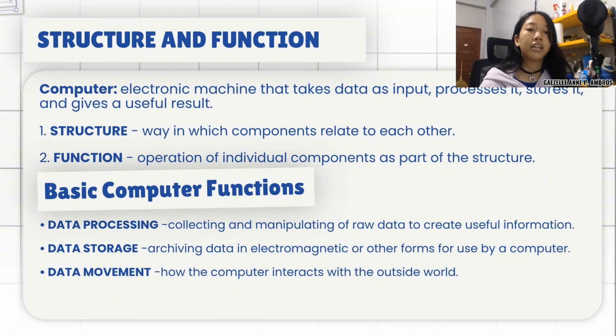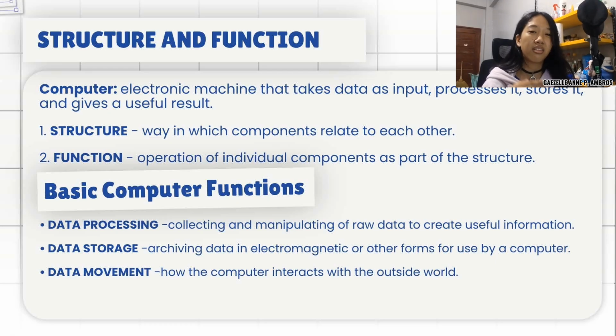And within this hierarchic system, there are two main aspects that should always be considered, which are, of course, the structure and the function. With the structure being the way in which components relate to each other, or how each component works together inside the system, and the function being the operation of individual components as part of the structure.